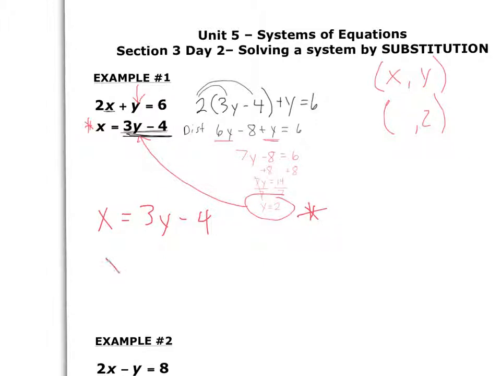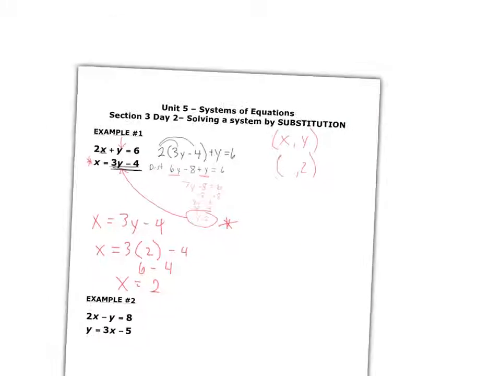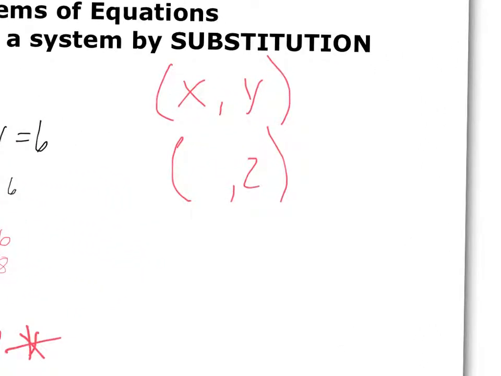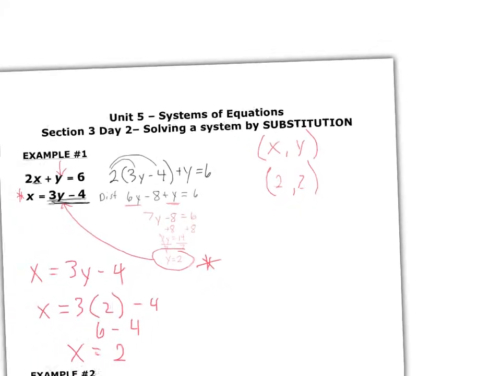Okay, so we have x equals 3 times 2 minus 4. Okay, and 3 times 2 is 6. And if we subtract 4, that of course gives us 2. So our x is 2, same as our y. So we know that our ordered pair is going to be x is 2, y is 2.